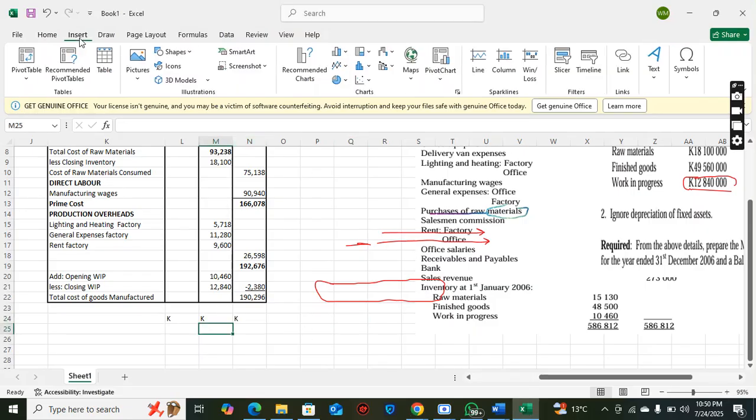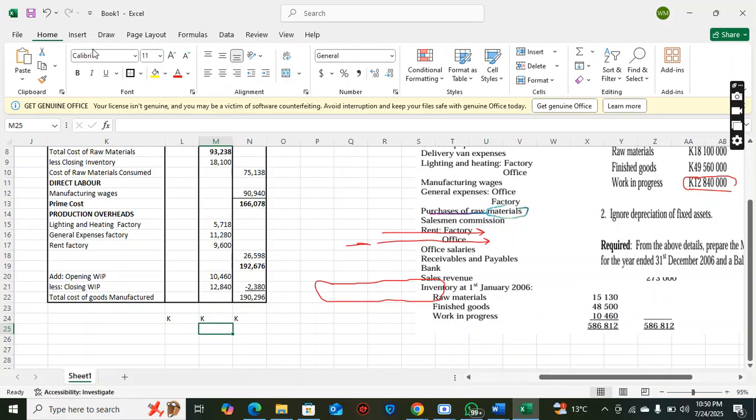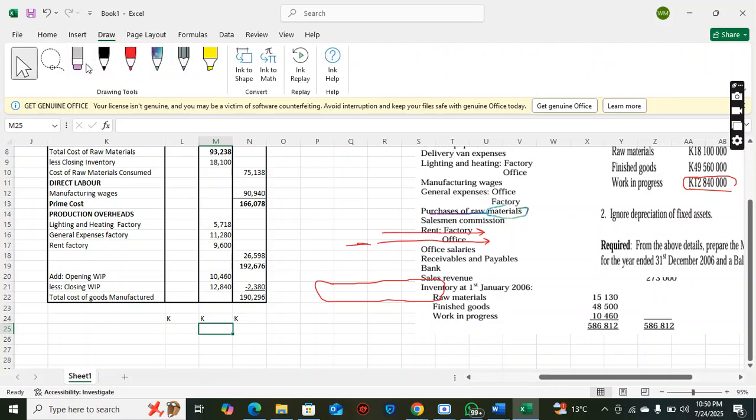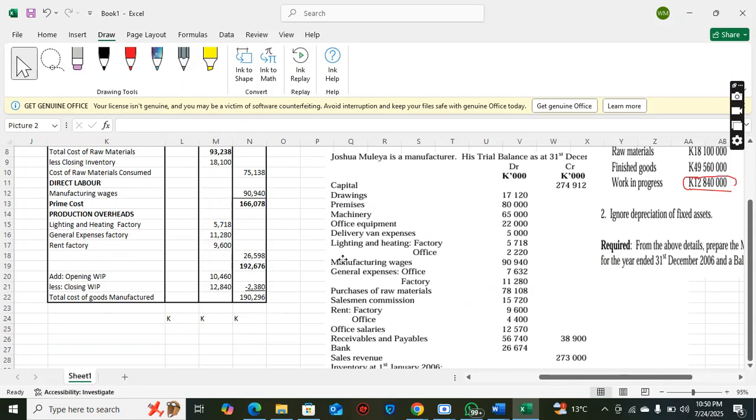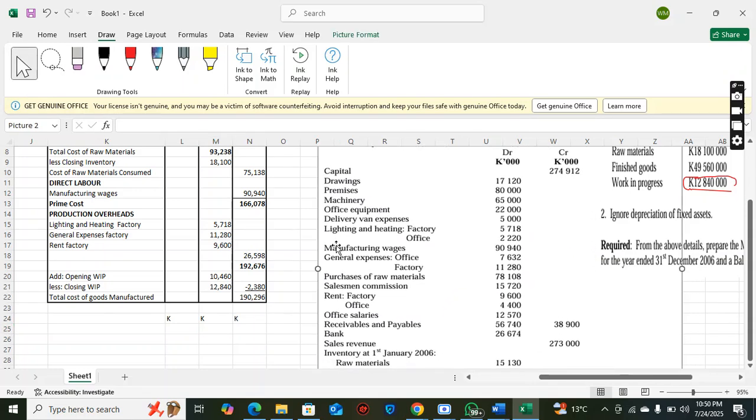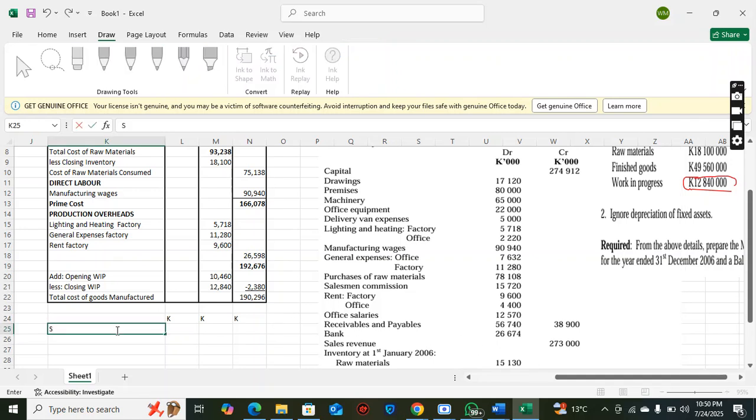So what's the first item that we put? Sales revenue, yes. Sales revenue 273,000.